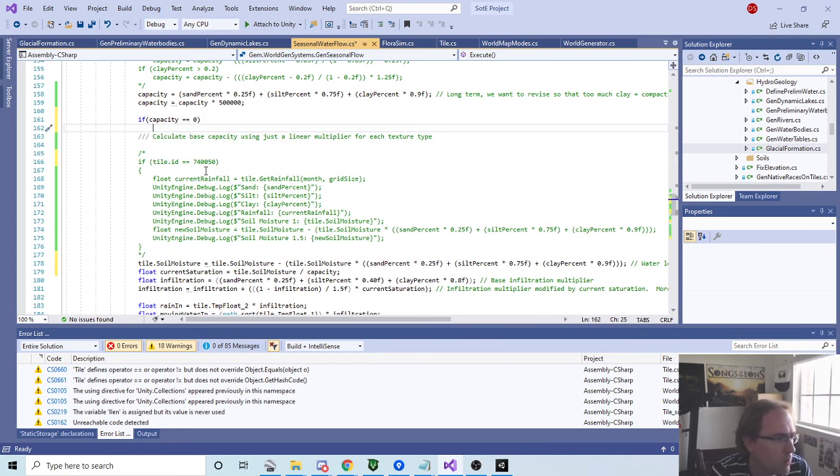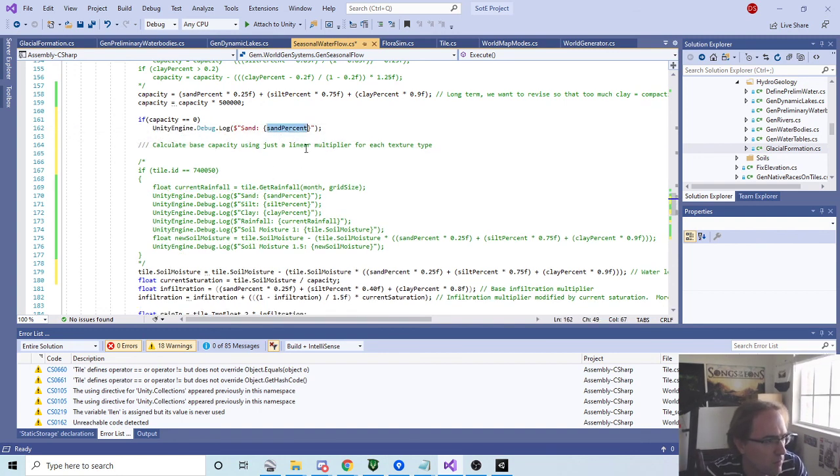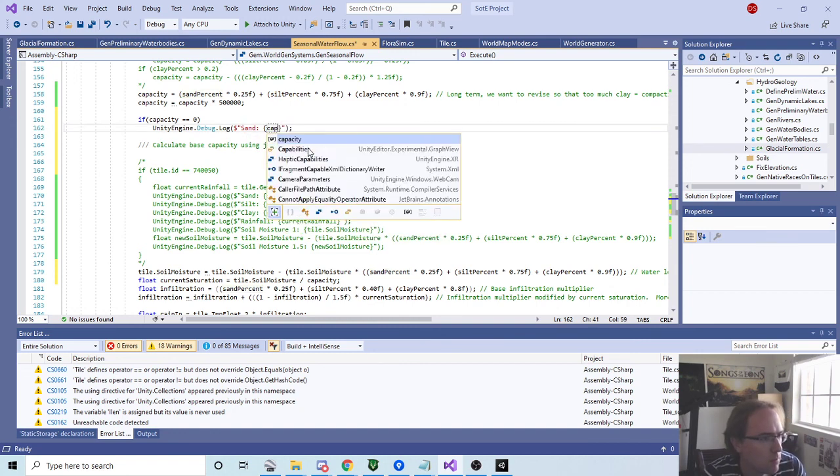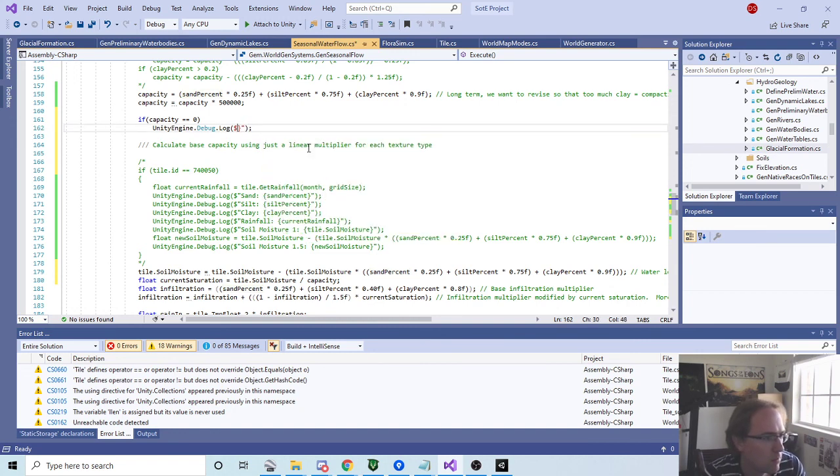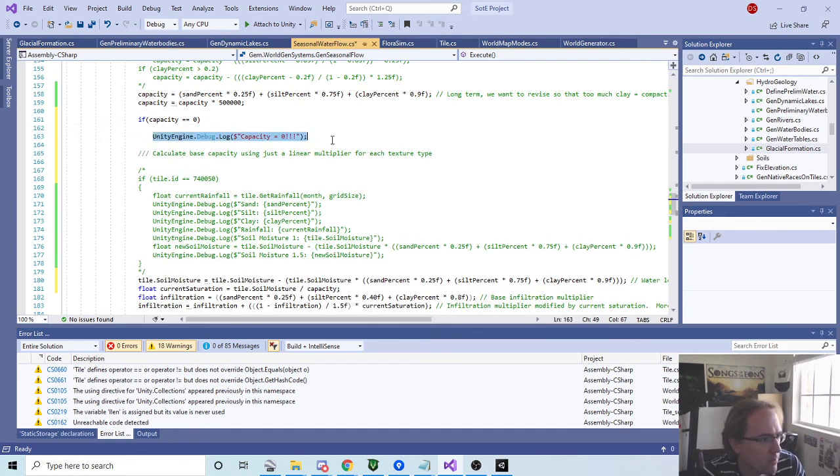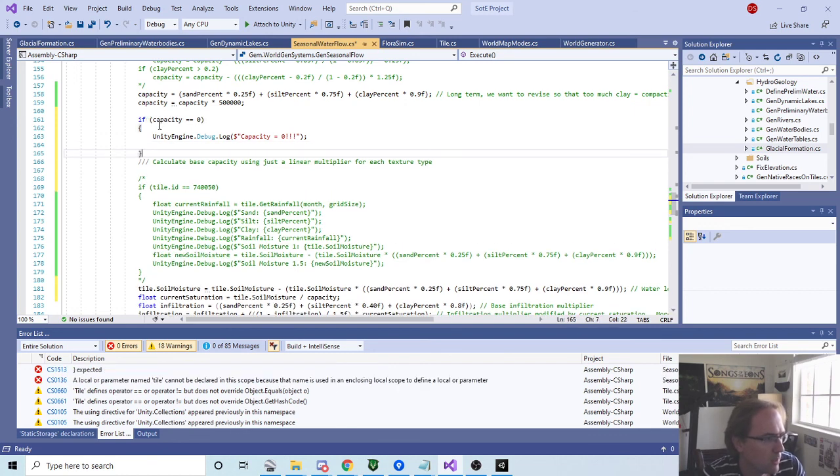If capacity equals 0, then we throw an alert. In fact, let's make sure it's not missable.